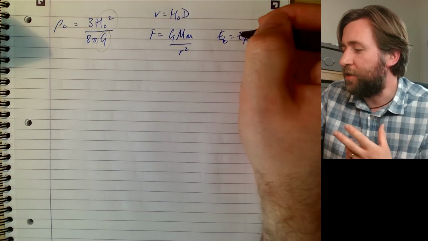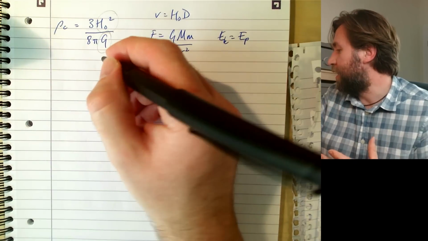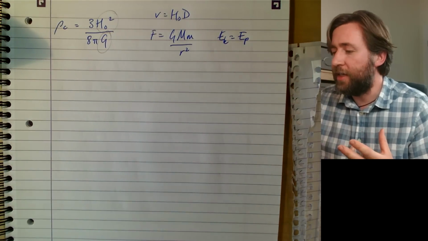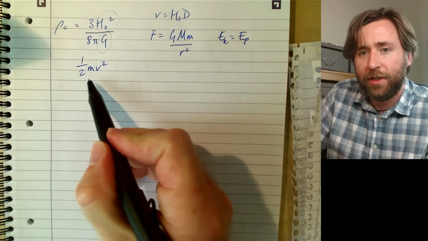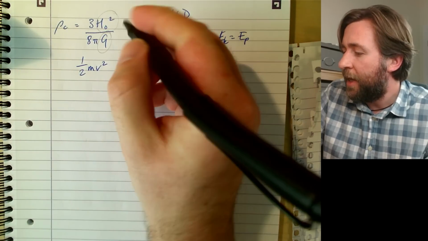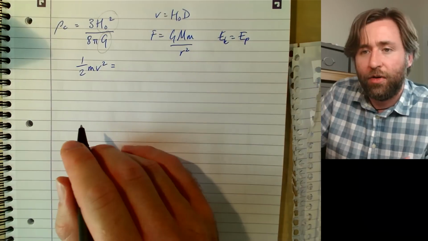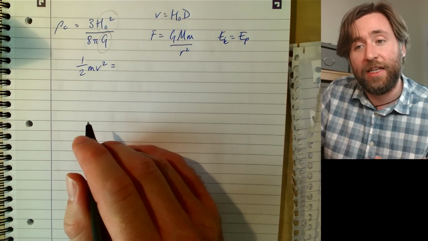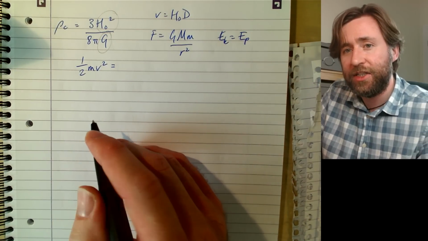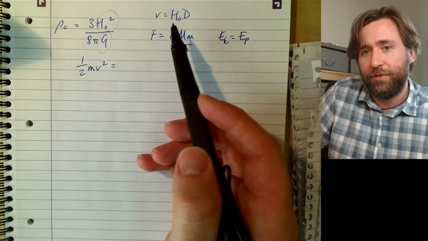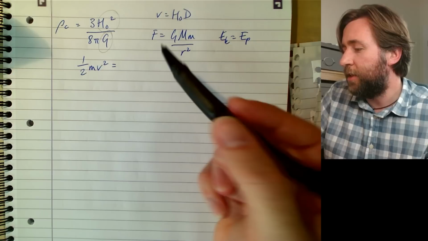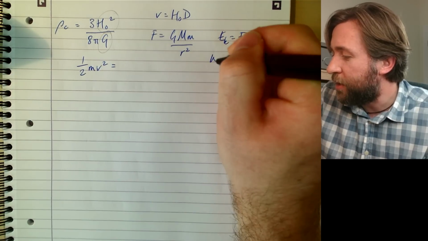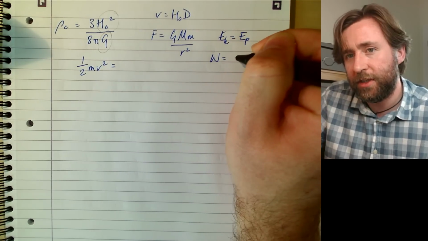Well, kinetic energy is the energy of the galaxy as it's moving away, and we've got the kinetic energy equation there. And the energy of the galaxy at any given point is mgh, or for short FD. Now if you think about that, an energy at any point, a work done, is a force times a distance.